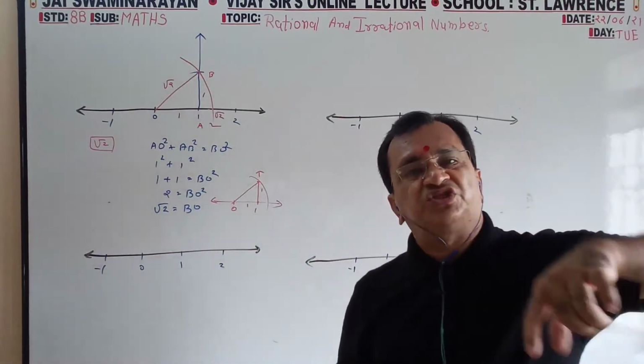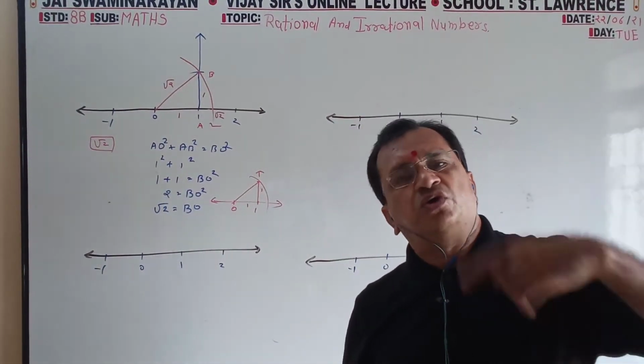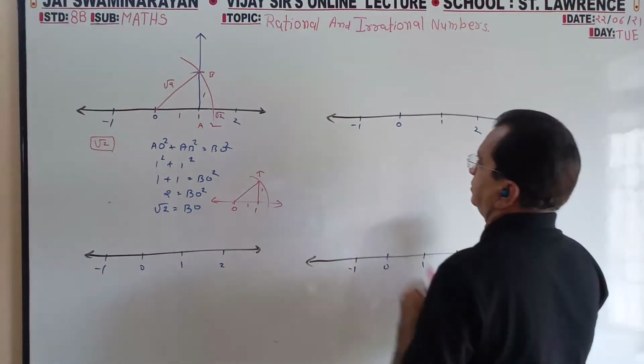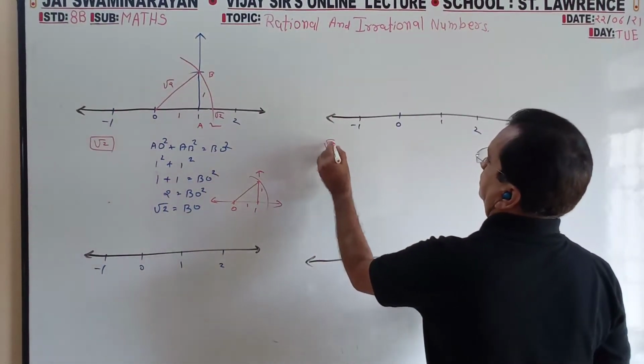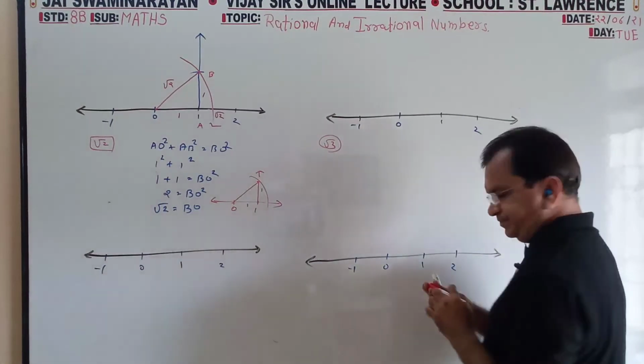Now for root 3, you have to draw root 2.